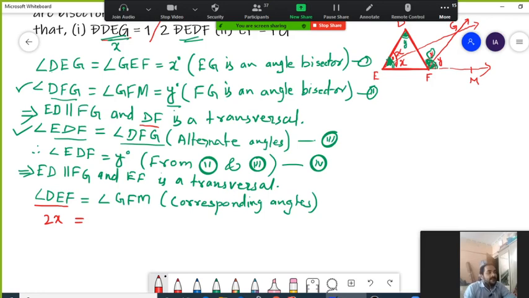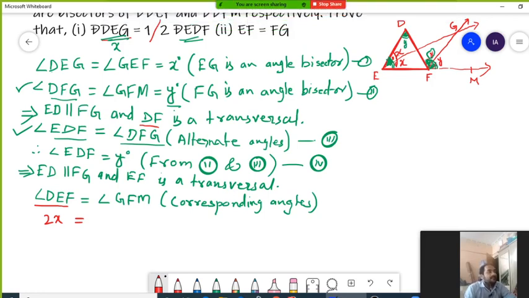And angle GFM, so GFM is y degree. Here it is already given y according to our assumption. So here GFM can be taken as y. Now with this relationship, you can say, look, x on its place, this y on its place.